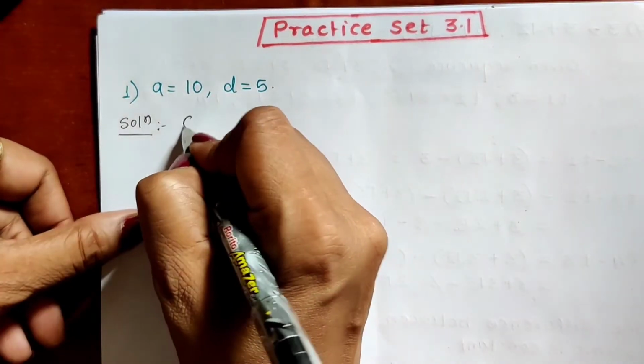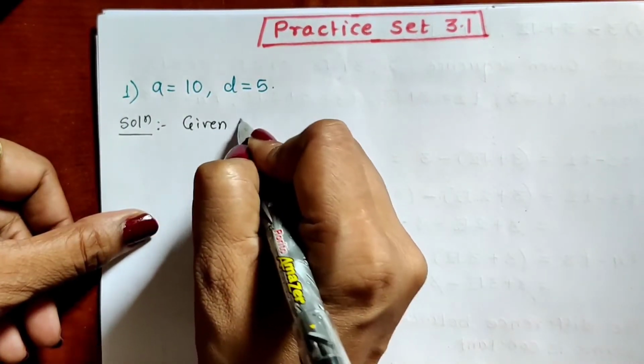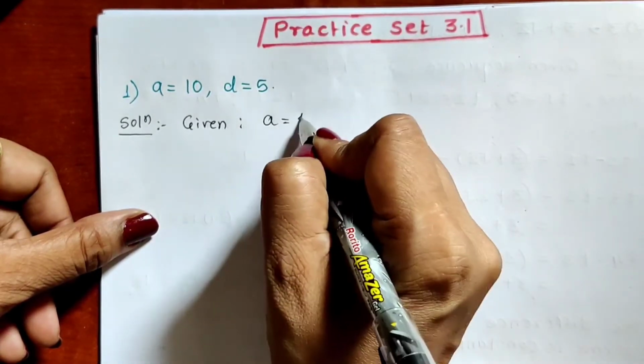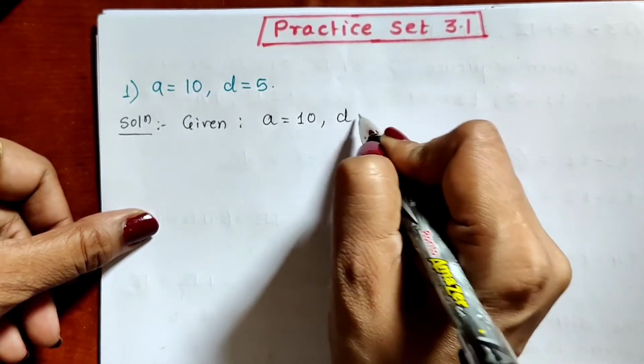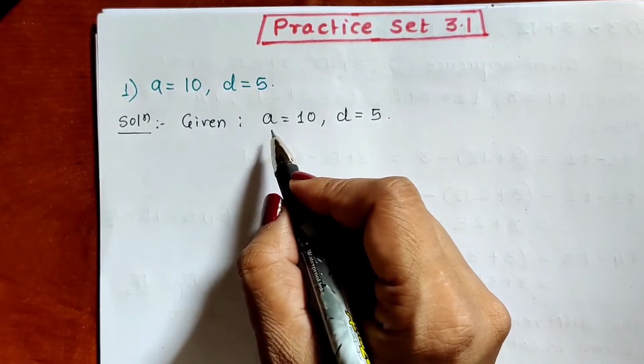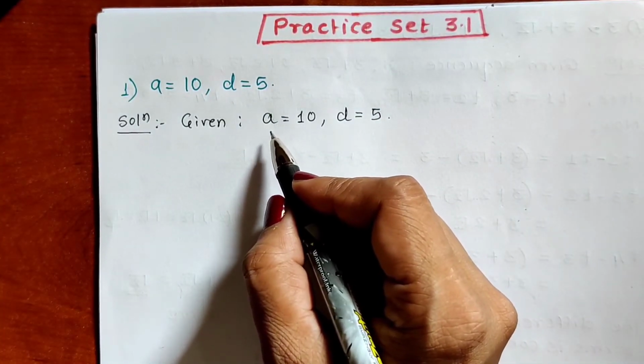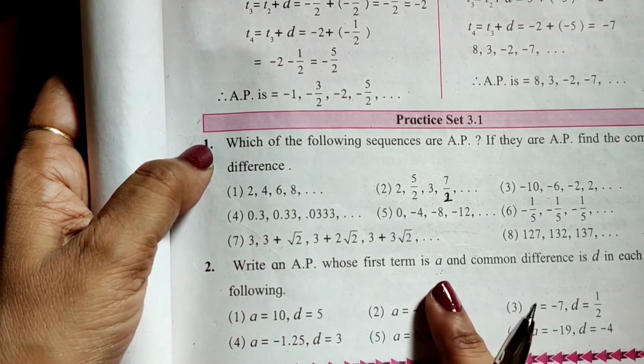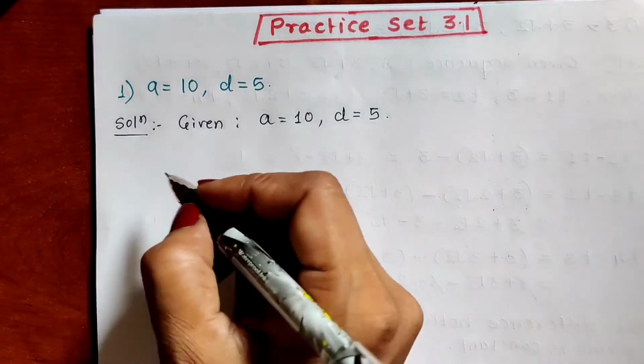We are given the first term A is equal to 10 and common difference D is equal to 5. Now see children, we all know what is given in the question. A means first term. So what can we write?